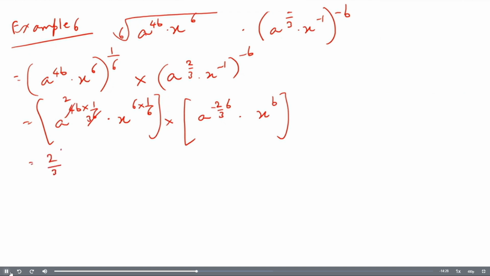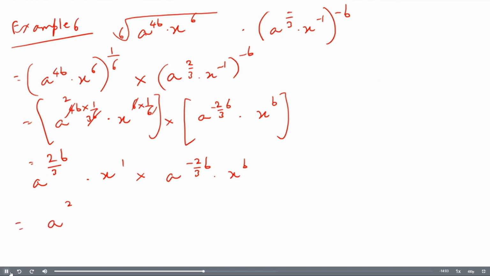So a to the power 2 by 3b into x to the power 1 into a to the power minus 2 by 3b into x to the power b.